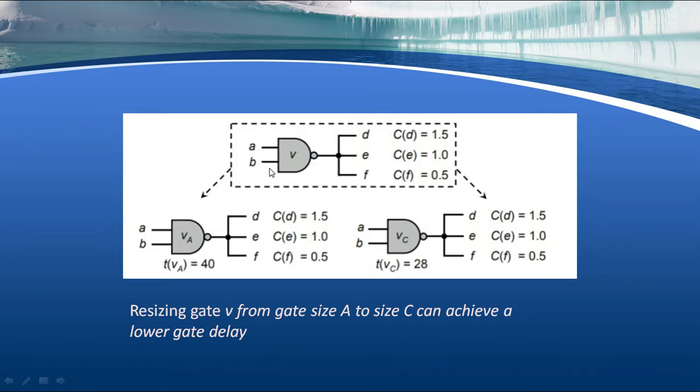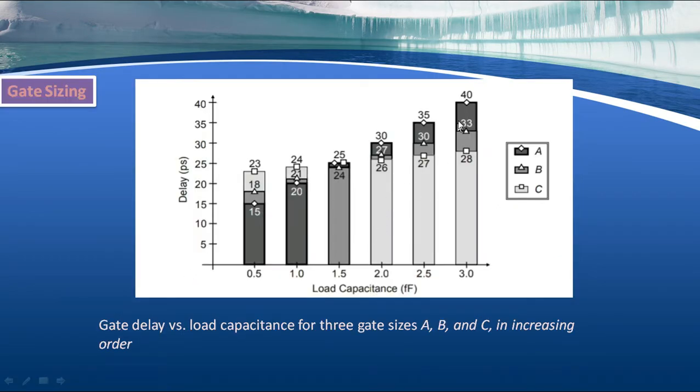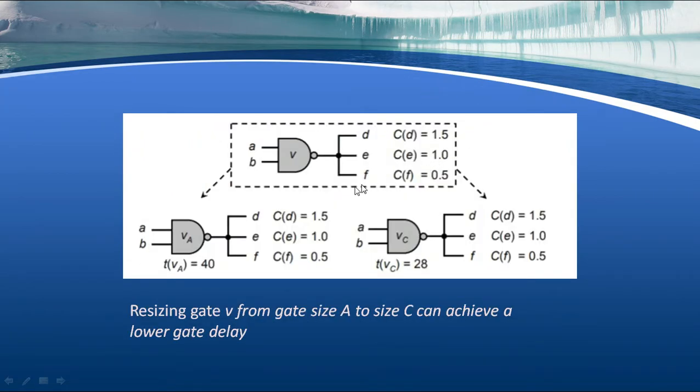See here, A, B, D, E, F is a circuit. What we did here, we will change VA, where the delay is 40. So D, E, F, CD is 1.5, 10. How will we change them?